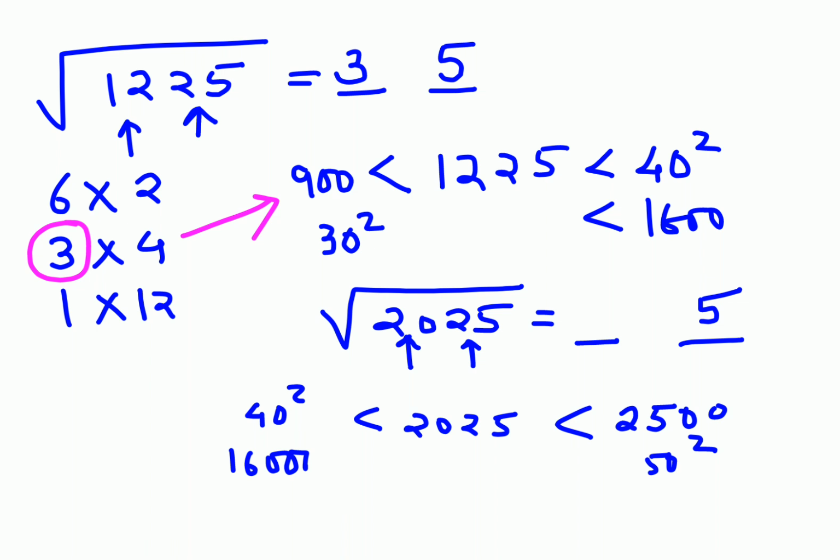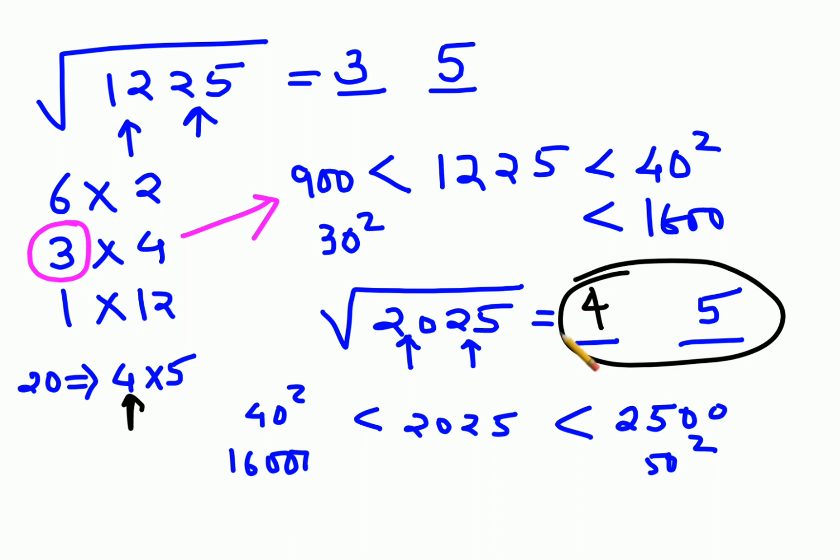So by default we can say that the product 20 can be written as 4 into 5, and in that also, like I said, we will focus on the least number. So here we will say 45. The square root of 2025 is 45.